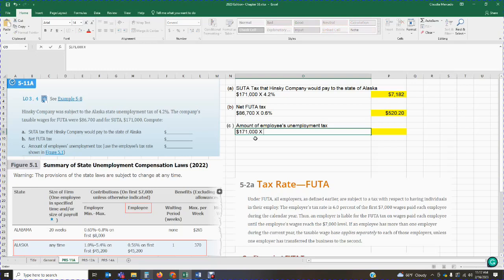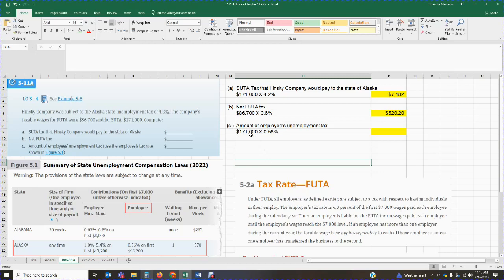Now the employees have to pay 0.56%. They're asking for the amount of the employees, not for one employee, but for the total employees. And my total taxable wages for all of my employees for SUTA tax purposes is $171,000.